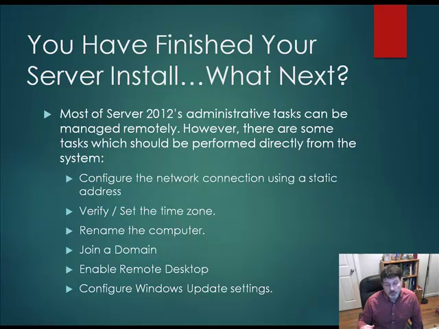We're going to turn on Remote Desktop, make sure the firewall is enabled for Remote Desktop so that we can start using those remote administrative tools on our server. And last but not least, we may want to take a look at the Windows Update settings, make sure that they're not set for automated updates. We'll talk about why that's not necessarily a good idea a little bit later.